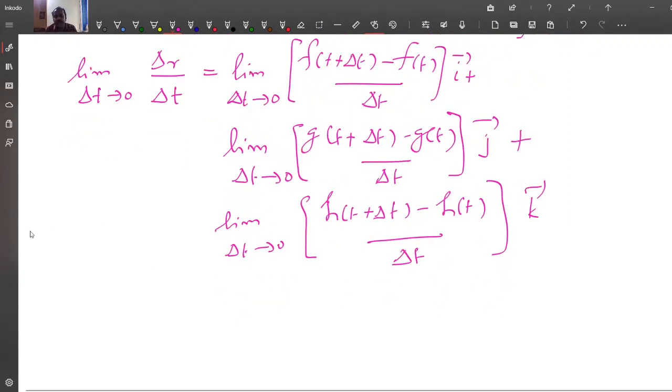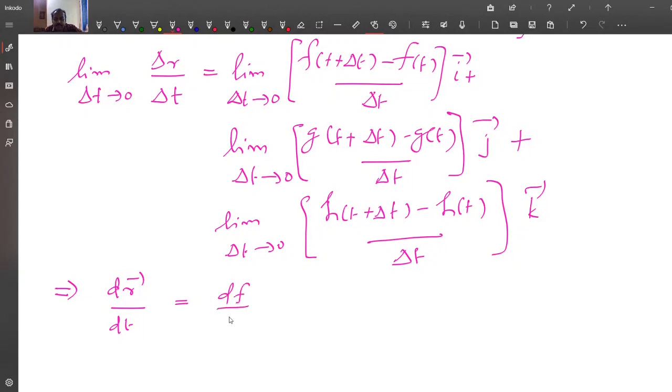So from this you can see that dr by dt is equal to the derivative of f, the derivative of g, and the derivative of h with respect to t. This implies df by dt into i plus dg by dt into j plus dh by dt into k.